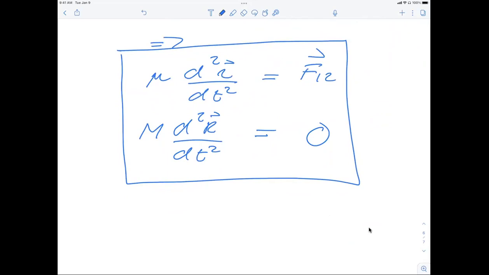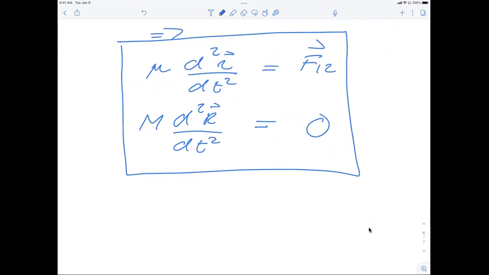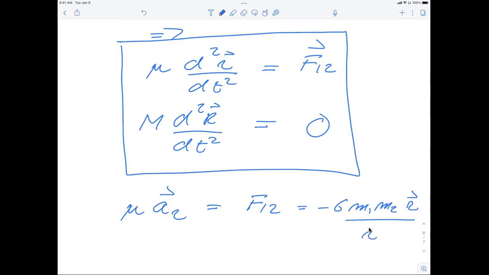And if I switch to the gravitational force, we can rewrite this as mu times the acceleration for the relative motion equal to F12. And if we want to specify this to be the gravitational force, this is the same as minus G times m1 times m2 multiplied with the relative motion vector r, divided by r cubed.